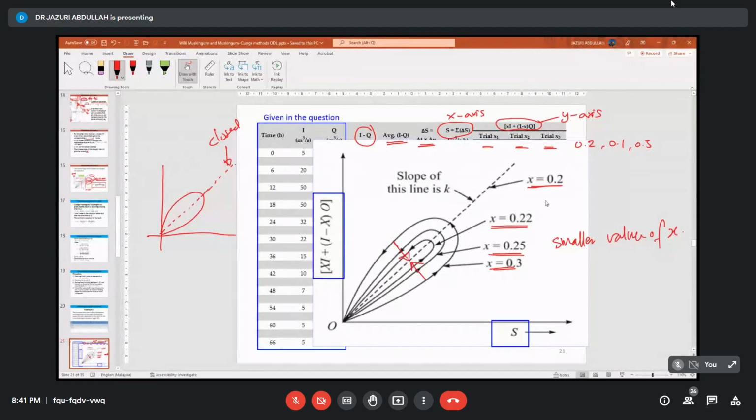So you will get x equal to 0.2. From 0.2 then you can calculate what is the k, and then you will get the slope of this line. So you will get k and the x value. So this is the slope. This is from the trial and error.